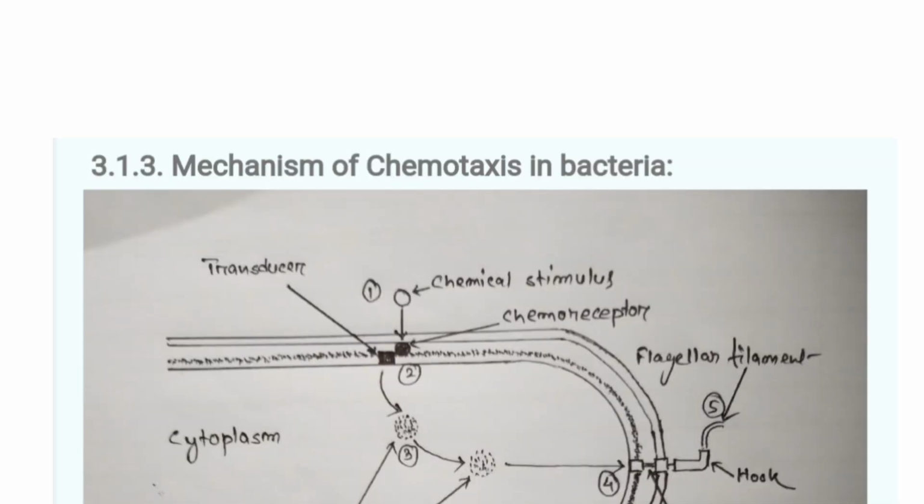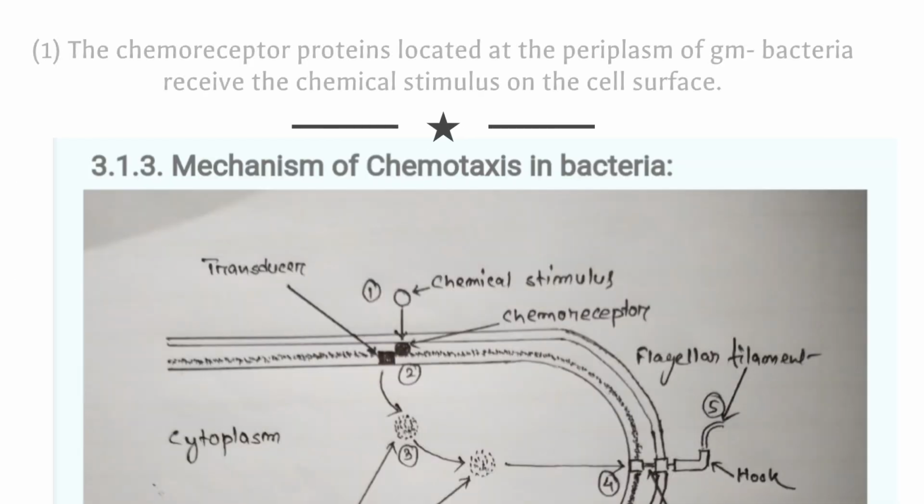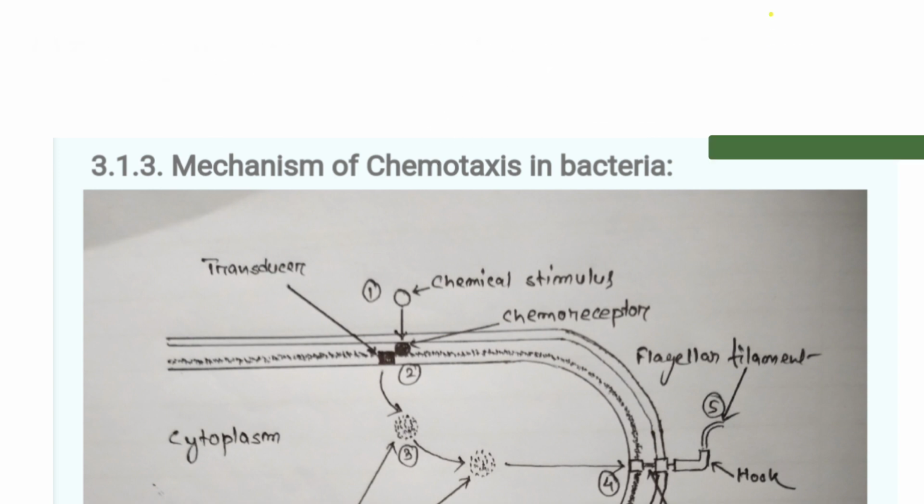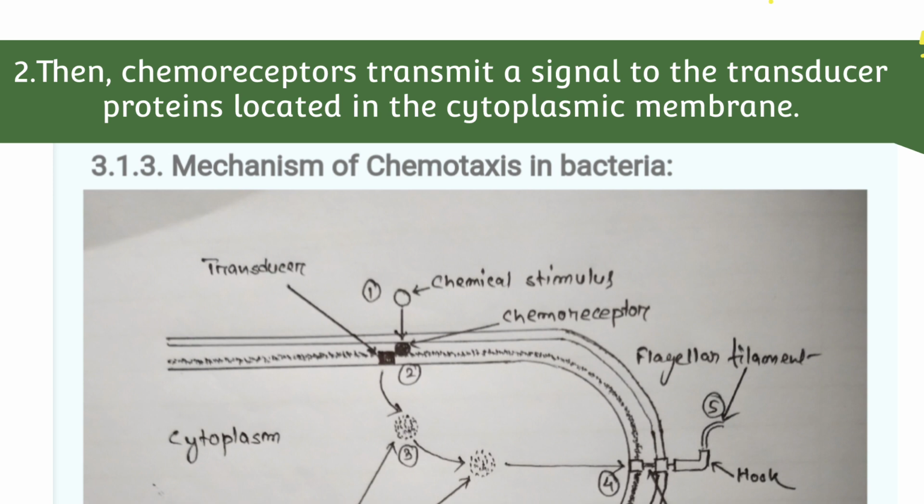At first, the chemoreceptor proteins located at the periplasm of gram-negative bacteria receive the chemical stimulus on the cell surface. Next, chemoreceptors transmit a signal to the transducer proteins which are located in the cytoplasmic membrane.